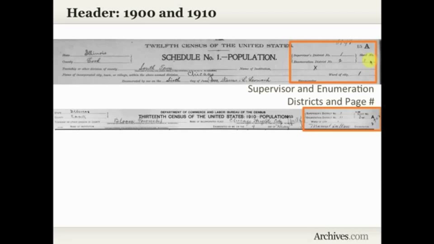Again, these are the numbers that you will want to pay attention to when you go to cite your source later. And a little difference on the 1910 census: the name of the enumerator is over here on the right, compared to in 1900 when it was in the middle. But it's the same type of information that we're seeing in this header in both 1900 and 1910.